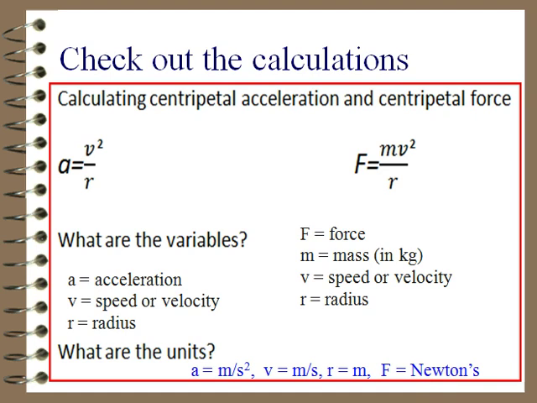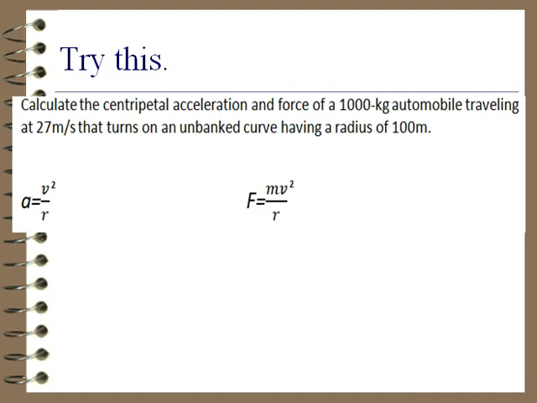Okay, so let's try a sample problem. Calculate the centripetal acceleration and the centripetal force of a 1,000-kilogram automobile traveling 27 meters per second that turns on an unbanked curve having a radius of 100 meters. All of ours will be unbanked. Banked means that the curve is raised at a certain angle.